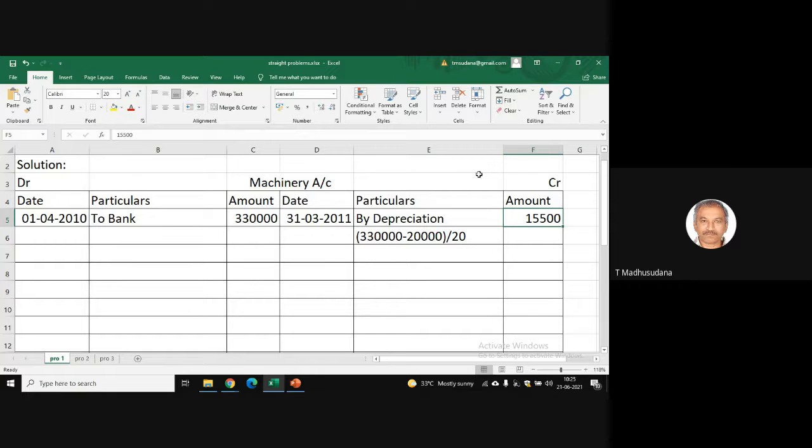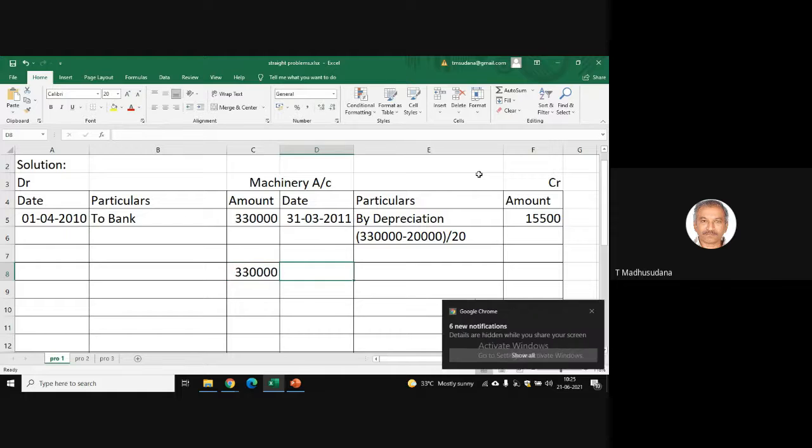Annual depreciation. So in the first year, this is the only asset purchased, so you balance it. Here the debit side is more, 3,30,000. You bring the same amount here, 3,30,000.